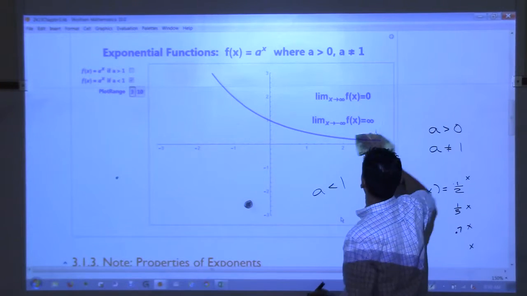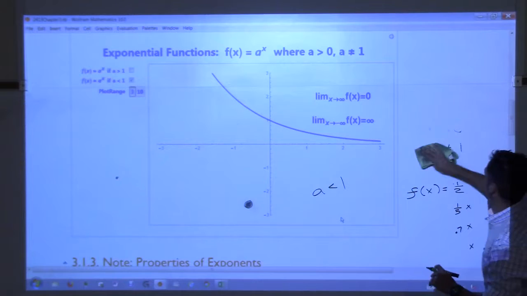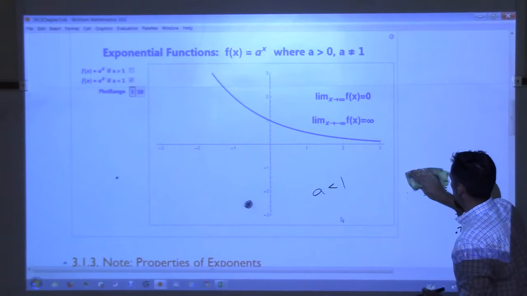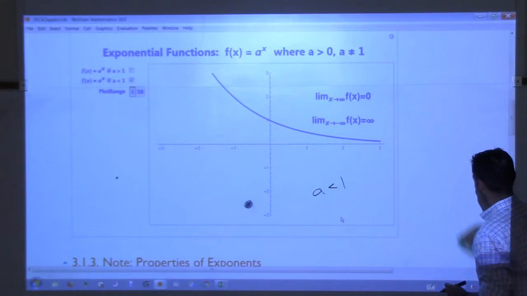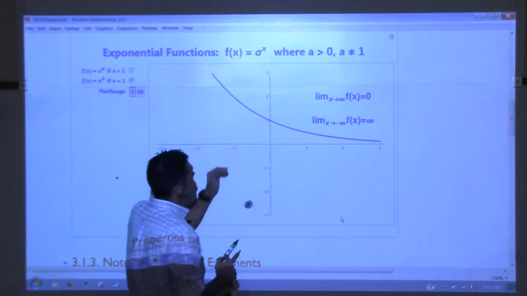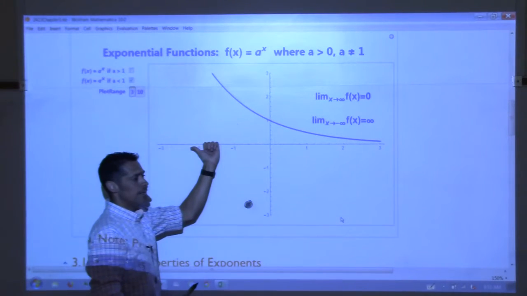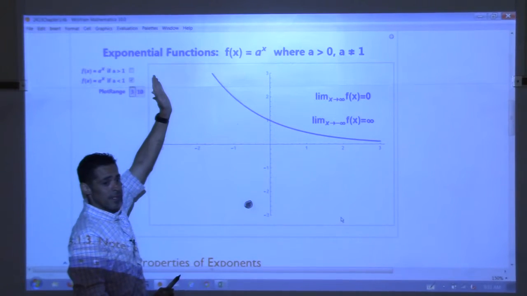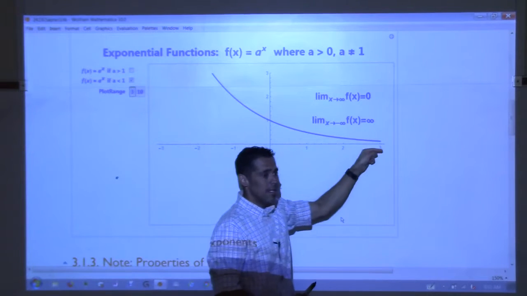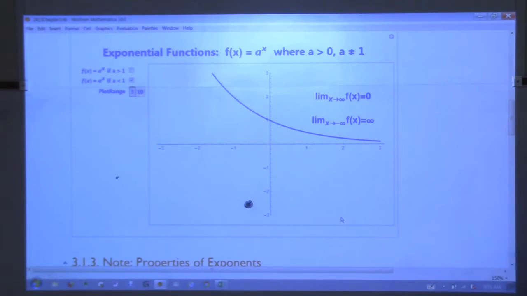Does this kind of look familiar? That's the derivative? Nope, we are not doing any derivatives yet. That's just the function itself. So this is exponential decay. If you take the limit as you go to negative infinity, the function goes to positive infinity. As you go to positive infinity, the function goes to 0. Yes? Those are your basic exponential functions.